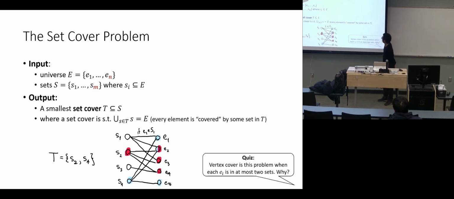That is, I claim that the vertex cover problem is just the set cover problem when each element E is in at most 2 sets. Each element here is in at most 2 sets. So the degree of this node is at most 2. The degree of everyone here is 2. Okay.